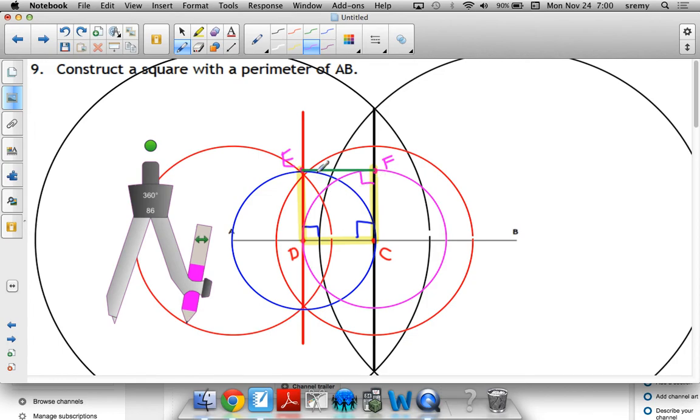So that's going to create those perpendiculars there, leaving us with this square inside. Pretty intense. And that is the end.